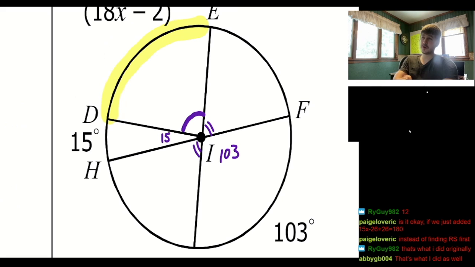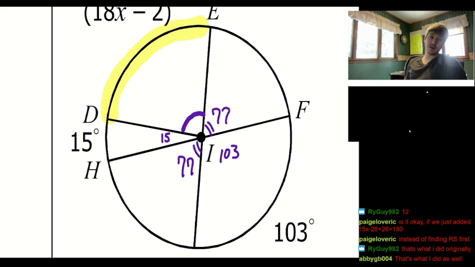Because if you know it's a linear pair and they're vertical, that gets two angles right off the bat. And then you'll have all the angles except the one that you really want. So those angles right there are 77 each. And now you have every angle except this one that's the one we really need because that's the arc.